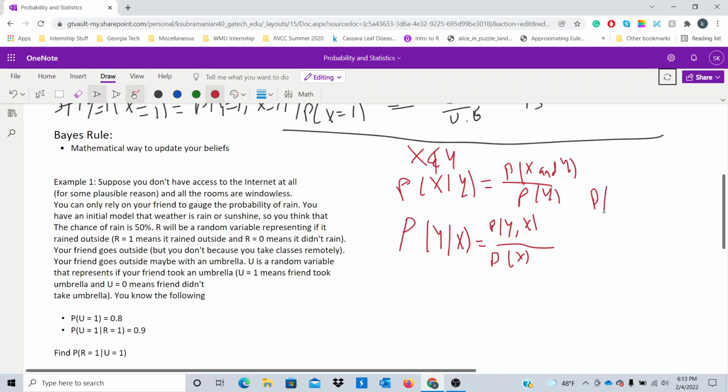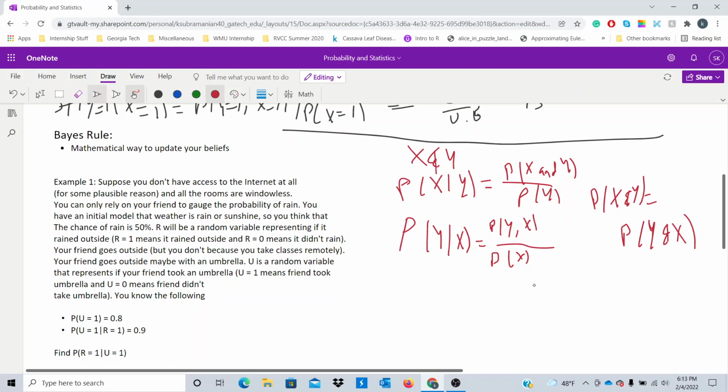The probability of x and y is equal to the probability of y and x, because the order in which you take the and doesn't really affect the overall probability value. So we have this observation: the probability of x and y equals the probability of y and x.